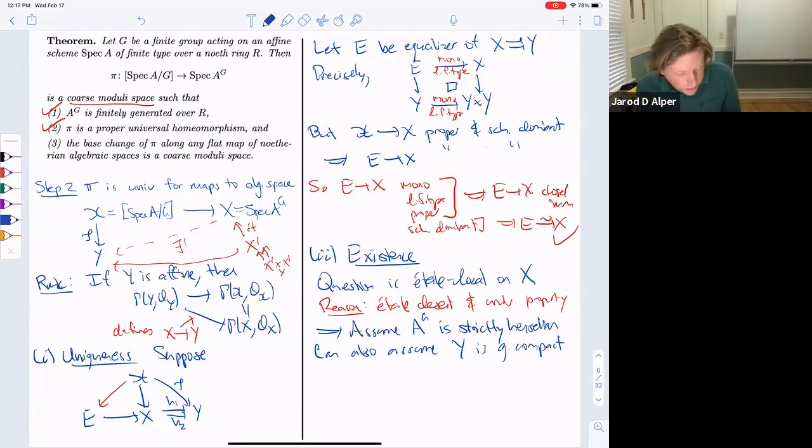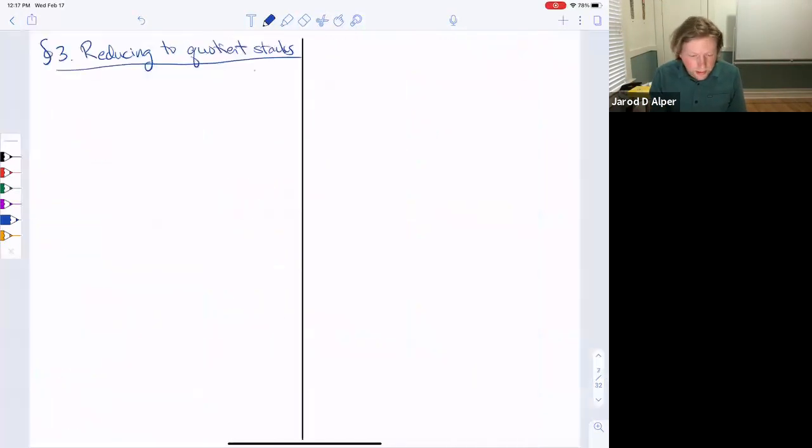The reason for this is that X itself is quasi-compact, and therefore the map from X to Y factors through a quasi-compact open in Y, and so we just replace it by that, and so we can assume that everything in the picture is quasi-compact. And so maybe I should move on to this page here.